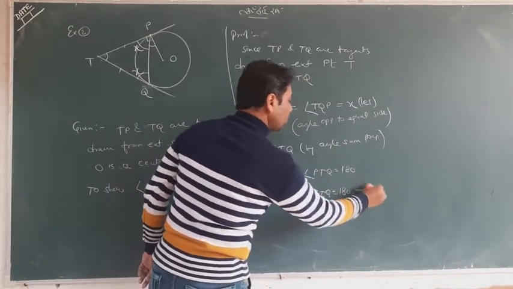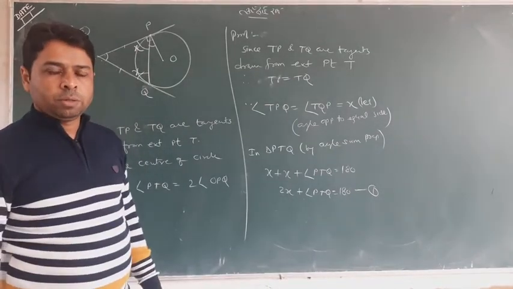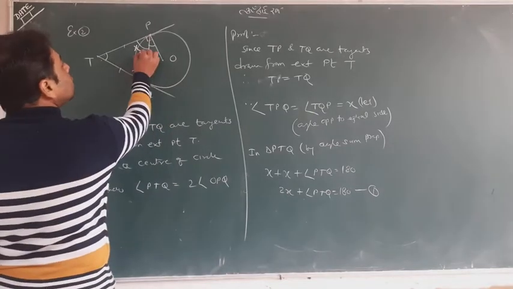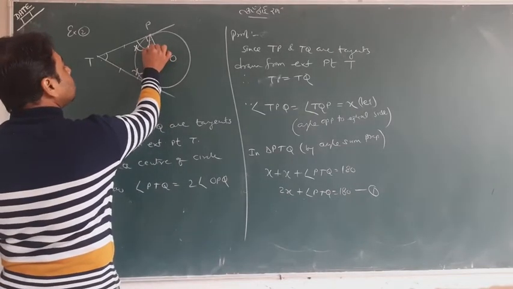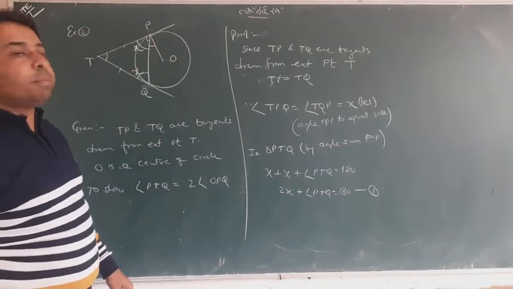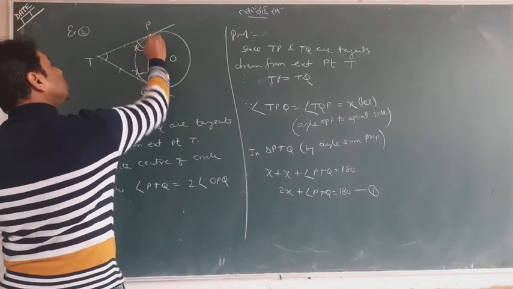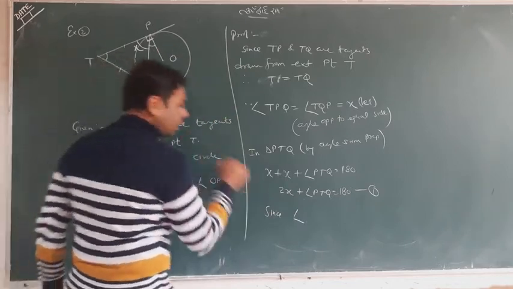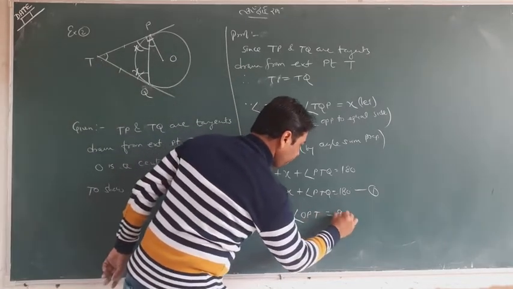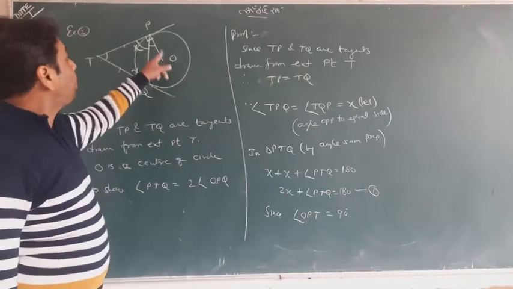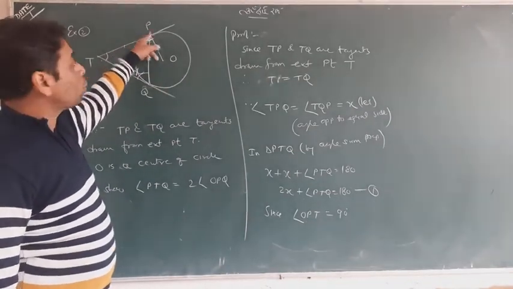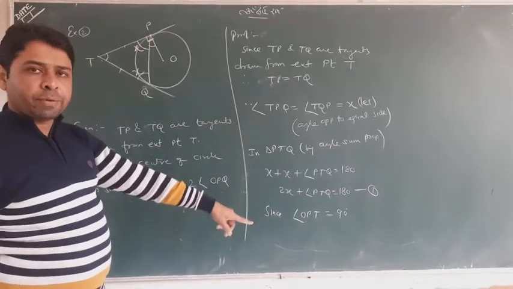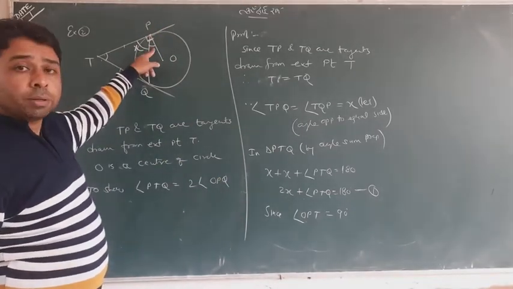Now one more important thing: these two angles together are equal to 90, since angle OPT is 90, because P is the point of contact and OP is a radius. I am not being formal here, I have directly written it. So these two have a sum of 90.